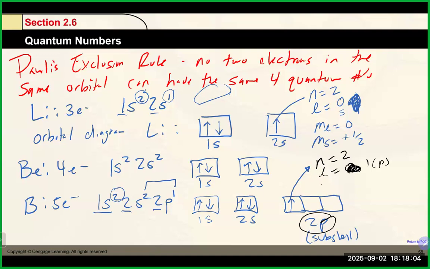Now, the m sub L in this case, because it is actually an L value of 1, you do have 3 options of -1, 0, and +1, which again represents basically your px, py, and pz orbital. Is it all 3 numbers or just one of them? It is actually just one of them because it's specifically in only one orbital at this point. And the easy thing is it kind of just goes in the order how you do that.